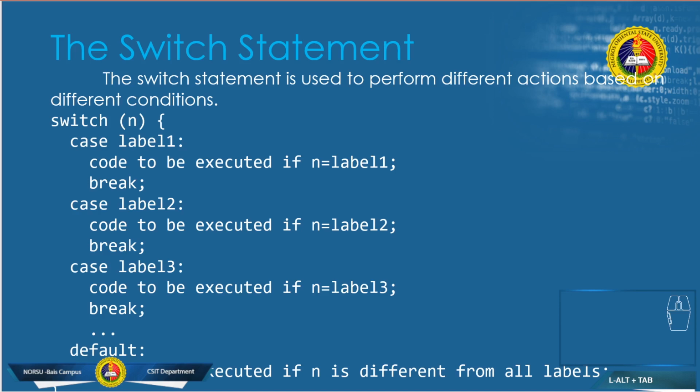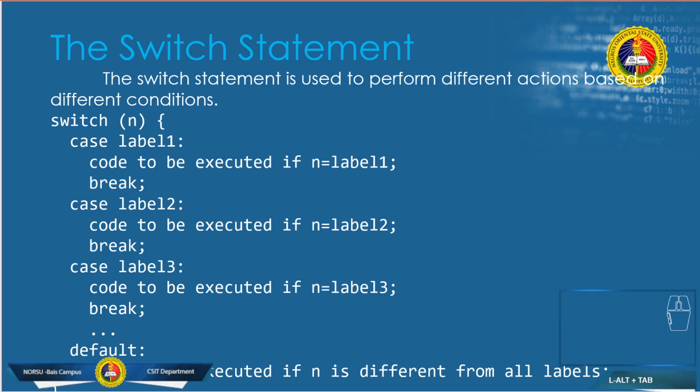The switch statement, however, will be executed by comparing what is the label. Here it is, label, and the value. I-compare niya ang label to the value. It will try to compare the condition that you set and then the label. If match siya, then it will execute whatever code that you've written.